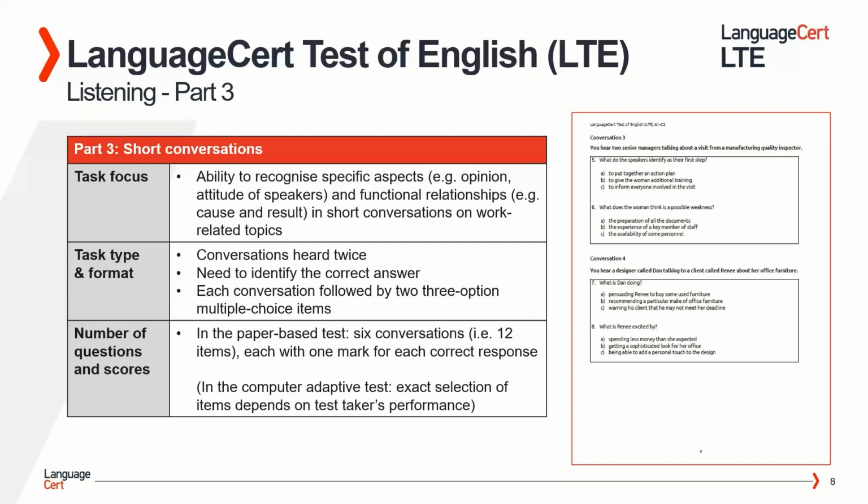Conversations are heard twice, and the test taker needs to identify the correct answer. Each conversation is followed by 2 3-option multiple-choice items. The paper-based test consists of 6 conversations, 12 items in total. 1 mark is awarded for each correct response.